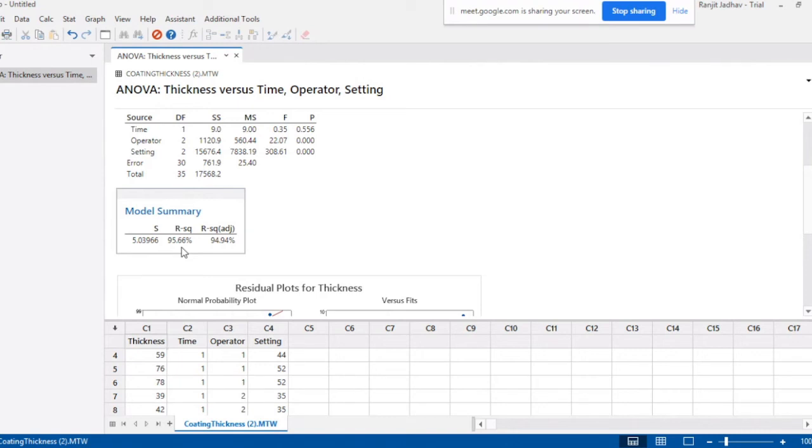Reliable. R square is the sum of square between divided by sum of square total. Error is 7.61, na? Means within the groups it is less than 5%. Within the group is less, between group is more.